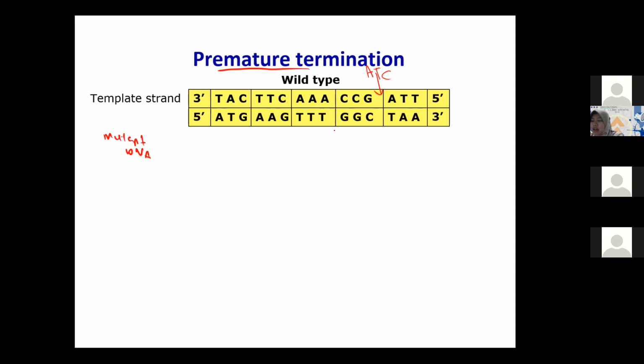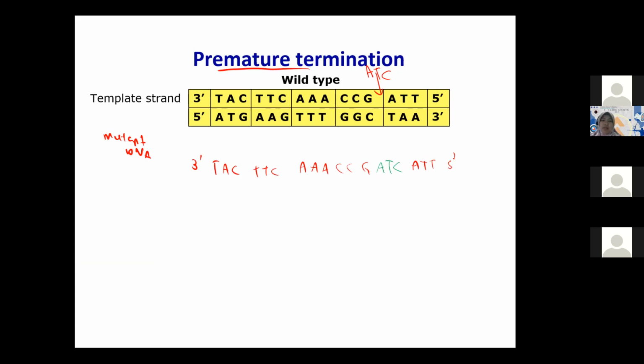Your mutant DNA akan jadi yang depan ni semua betul. TAC, TTC ni semua betul. AAA ni semua betul. CCG ni sama. And now we have insertion of 3 nucleotides. A, T, C. And this is A, T, T.